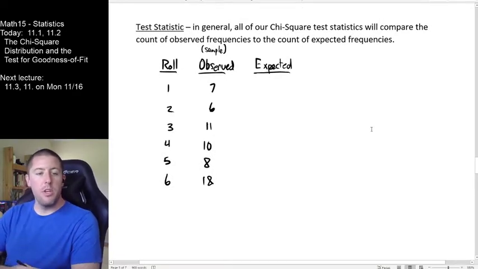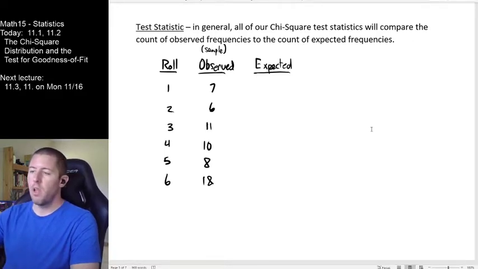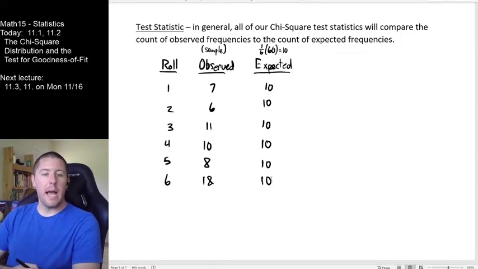Now, in this case, we knew to expect a uniform distribution across each of these. Since we rolled 60 times and we think there's a 1/6 chance for each roll, all of these expected counts should be 1/6 of 60, which is 10. So I expected to get 10 of each of those outcomes if I rolled the die 60 times.